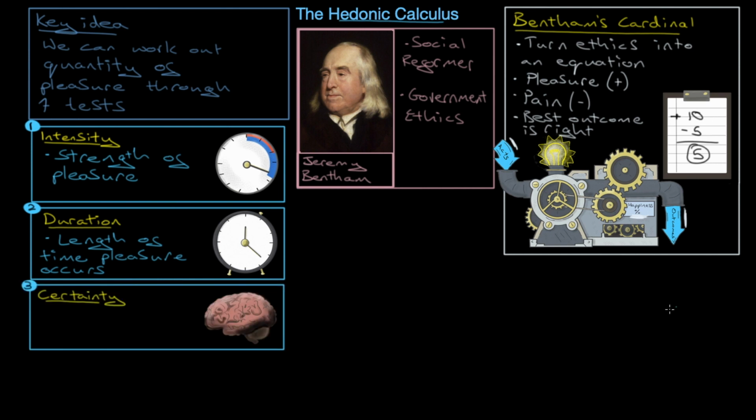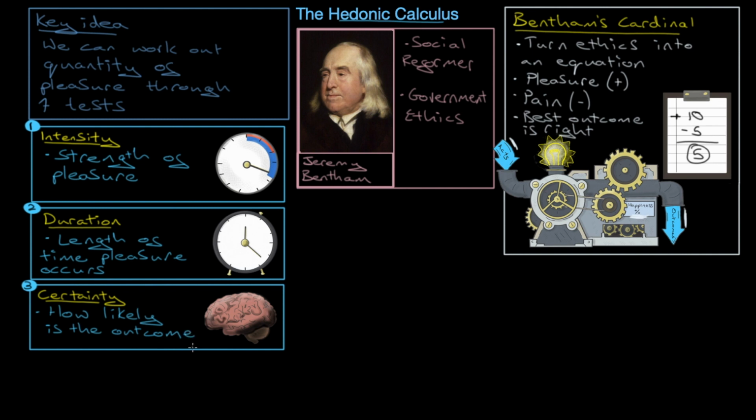The next one is the certainty. So how likely is the outcome? Now that's a really interesting one, isn't it? It may have already occurred to you as you've been watching this and studying utilitarianism that you can't always predict the results of actions, obviously.